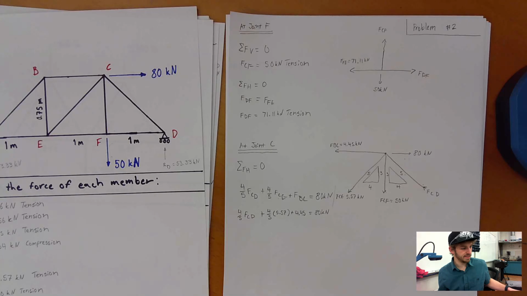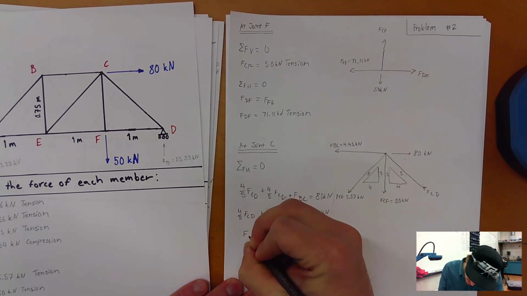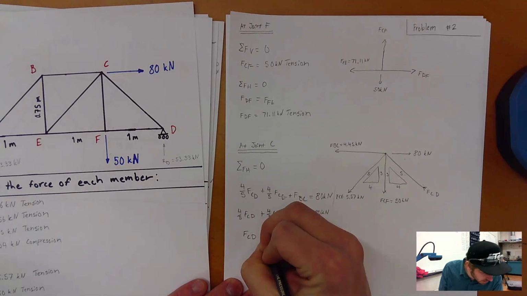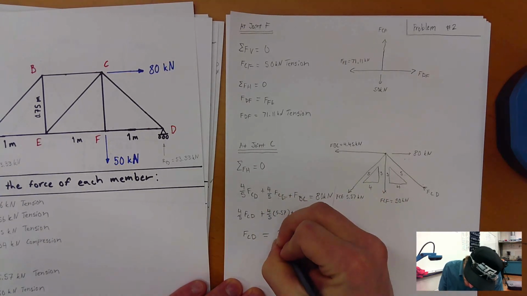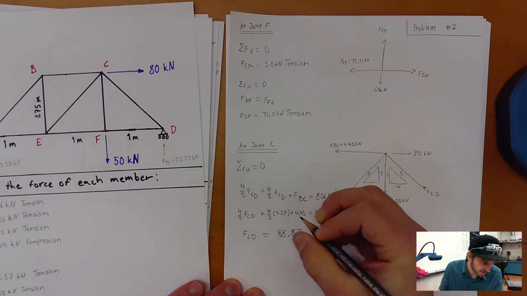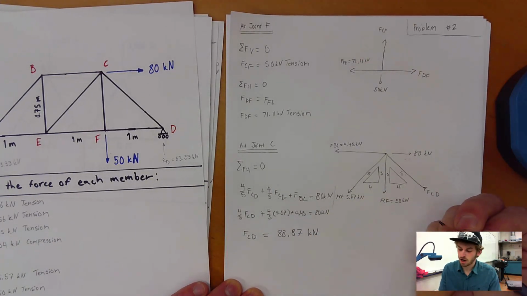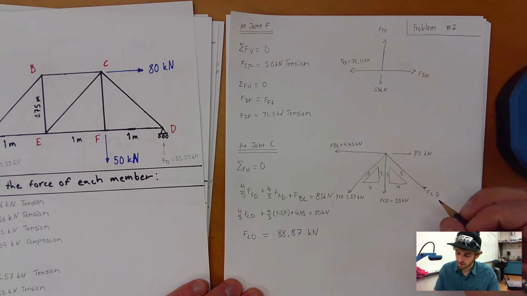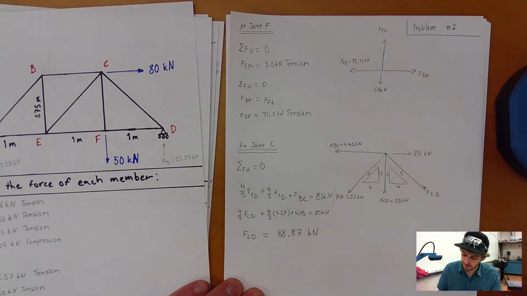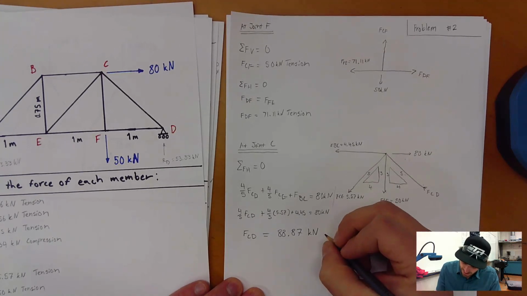All right, we simplify this expression. That's going to give us the forces acting on CD are going to be equal to 88.87 kilonewtons in compression. Compression, it's squishing together. It needs to help these ones, which are all pulling that way.